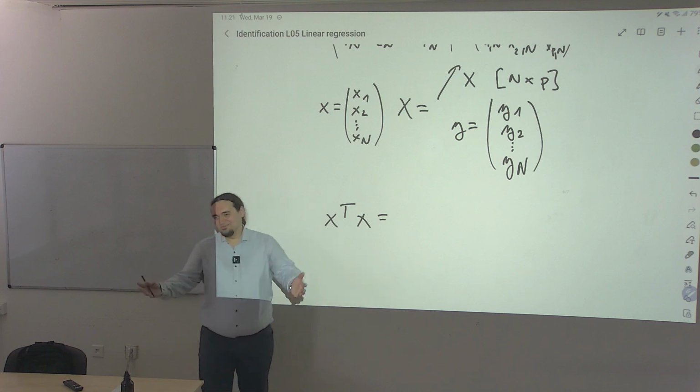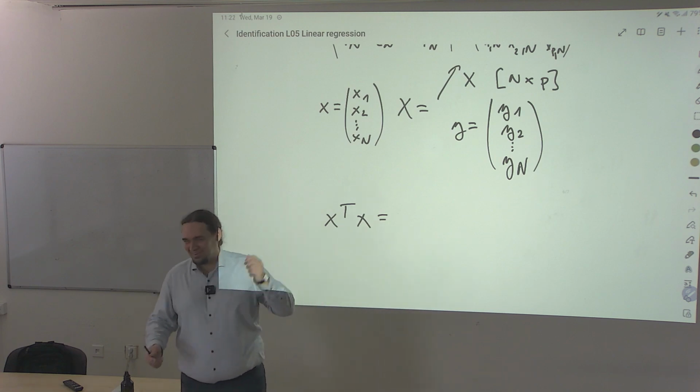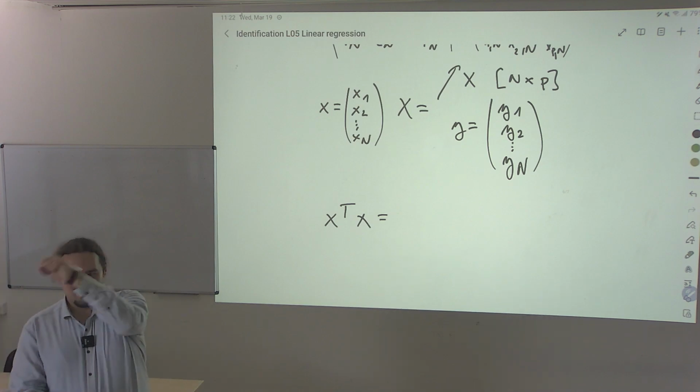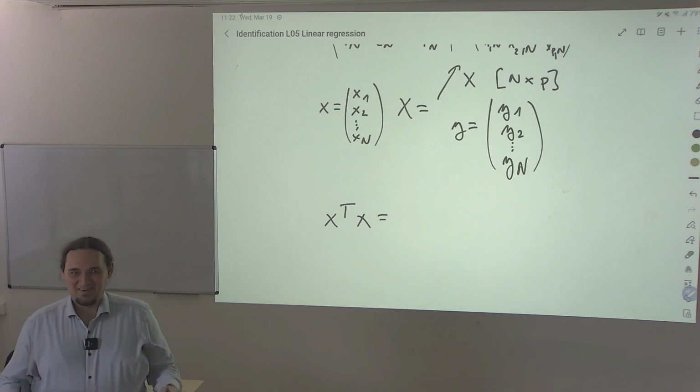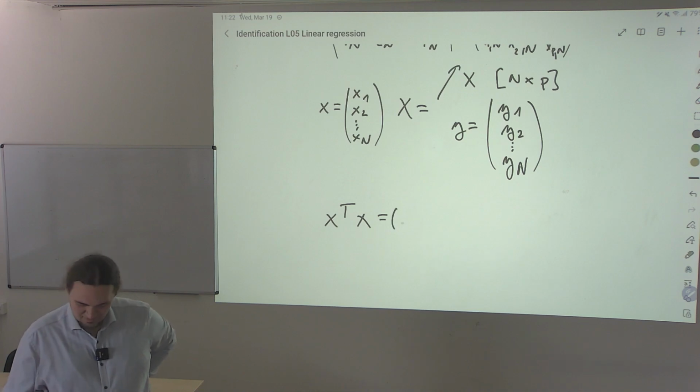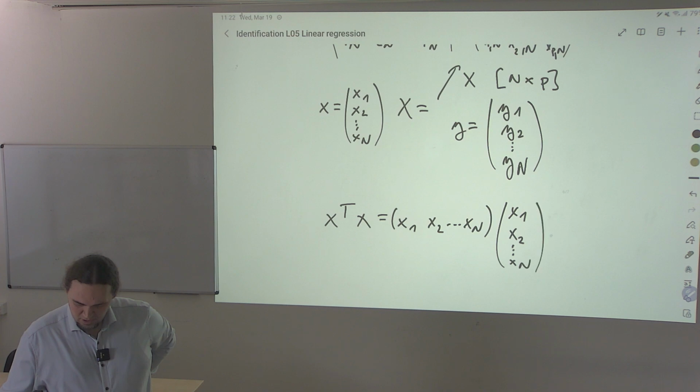You change the columns to the rows. So I have this x1, x2, xn, and I multiply by x1, x2 until xn.